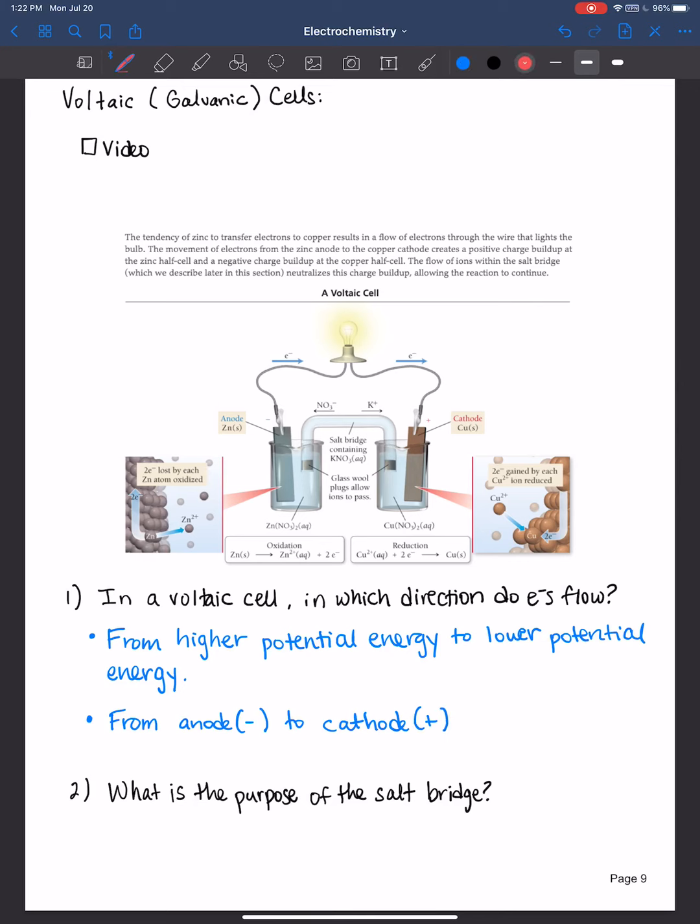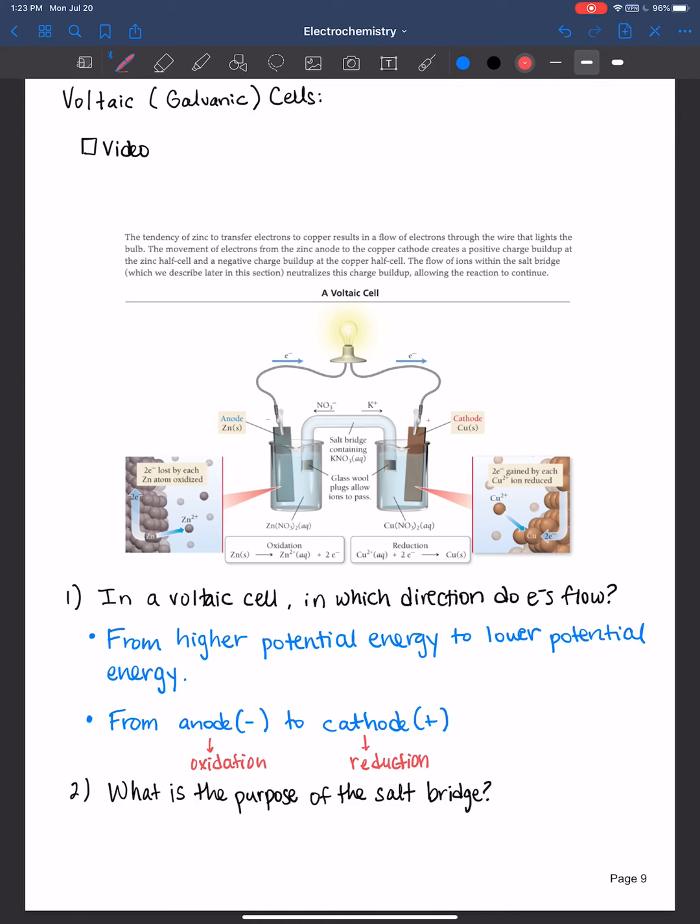And that oxidation occurs at the anode and reduction occurs at the cathode. It's very important that you remember these fundamental principles regarding a voltaic cell, because you will utilize this information and knowledge to calculate electrochemical cell potentials. In a future video, I'll teach you that.